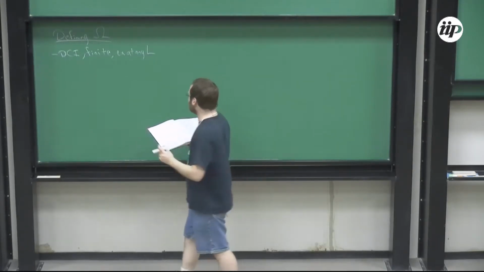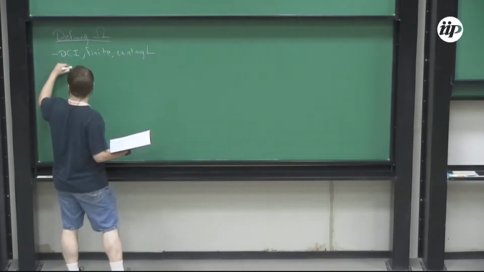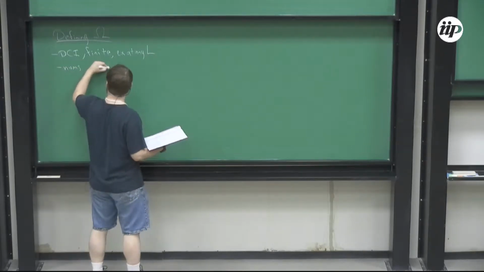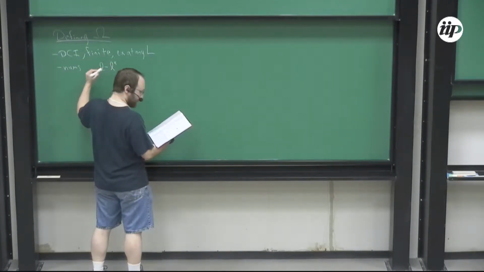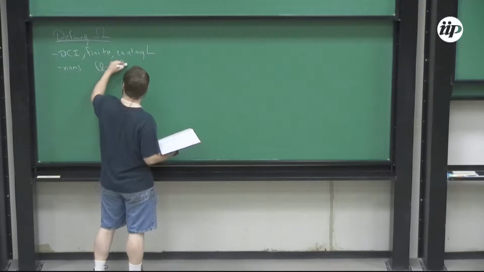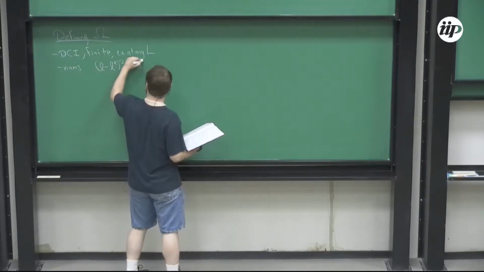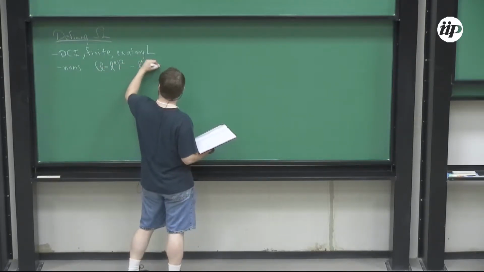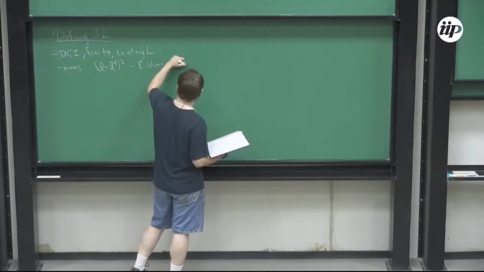In particular, the numerators are going to be of the form (L minus L star) squared, where L star solves a particular cut condition.